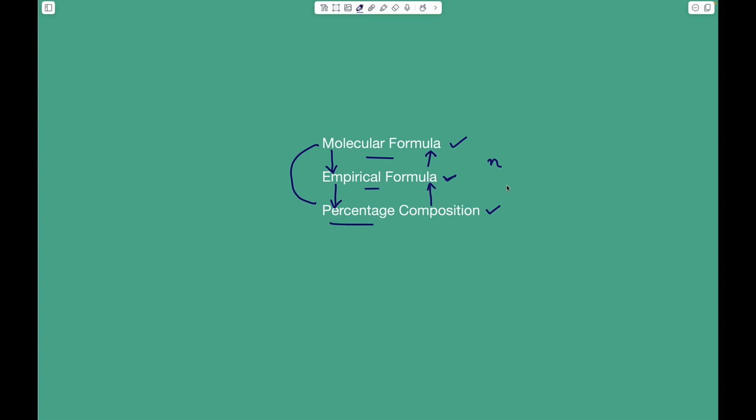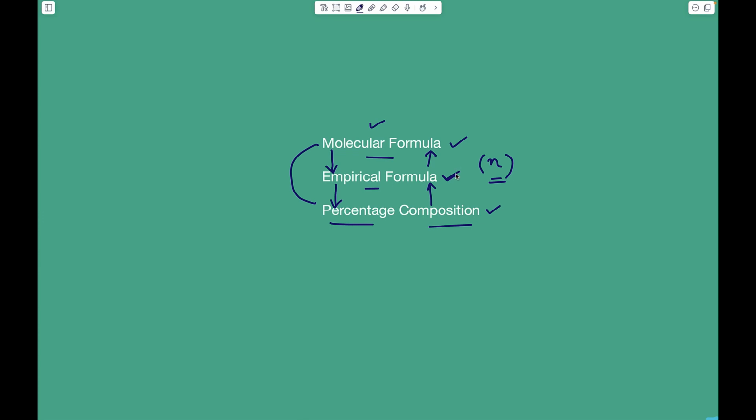So, to obtain the molecular formula of a compound, you need 2 pieces of information. One is its percentage composition to obtain its empirical formula, and to obtain the molecular formula, you need this number. Now let us see how we can do this with the help of an example.